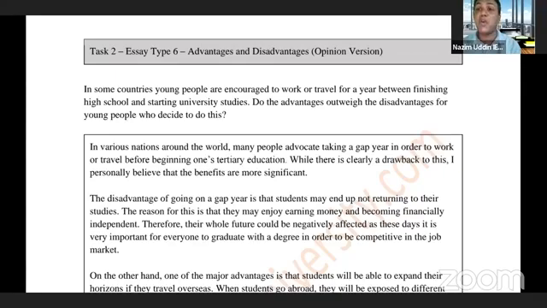Do the advantages outweigh the disadvantages for the young people who decide to do this? For this kind of essay, you have to plan how you are going to write. The planning should be: first paragraph the introduction, second paragraph the advantages, third paragraph the disadvantages, fourth one the conclusion.